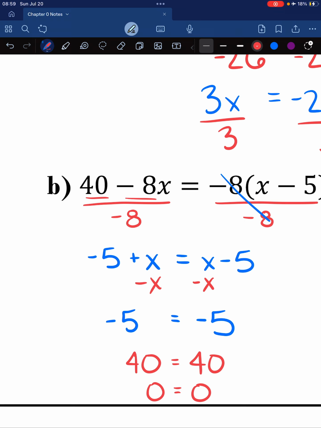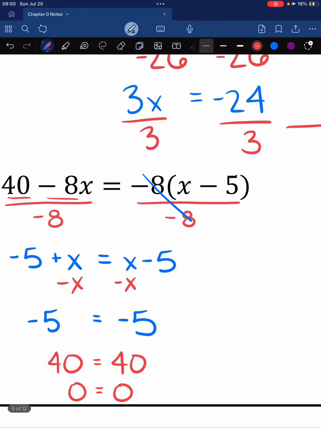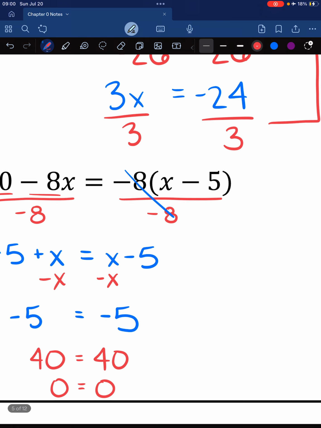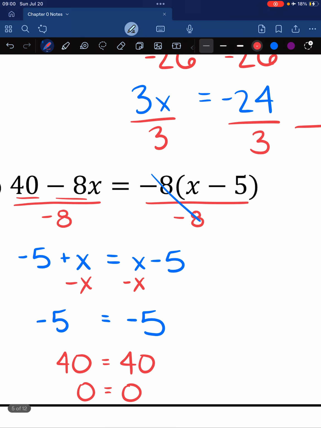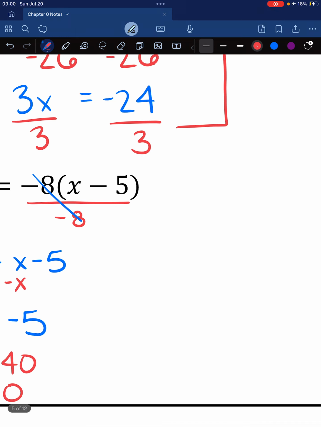Regardless of which way you solved this, you end up with a true statement. So this means that x can be any value. You can pick anything you want to plug in to the original equation, both sides individually. But no matter what you plug in, it's going to end up being true.